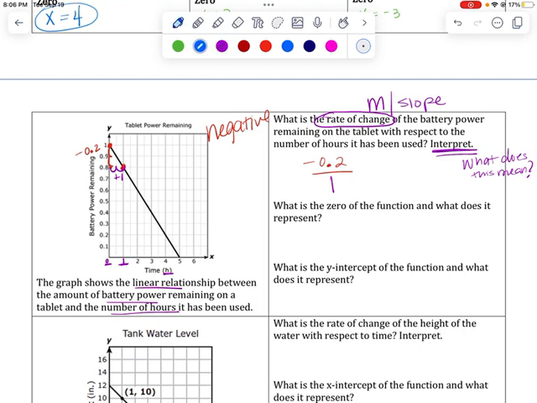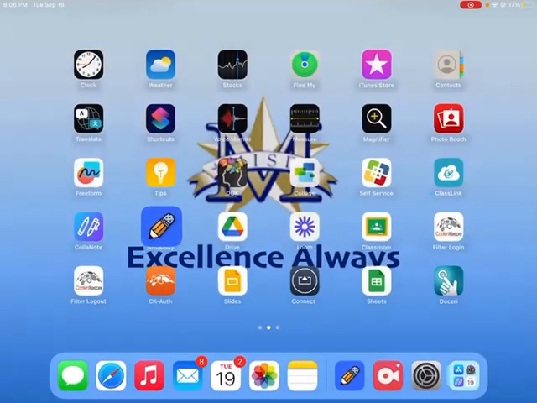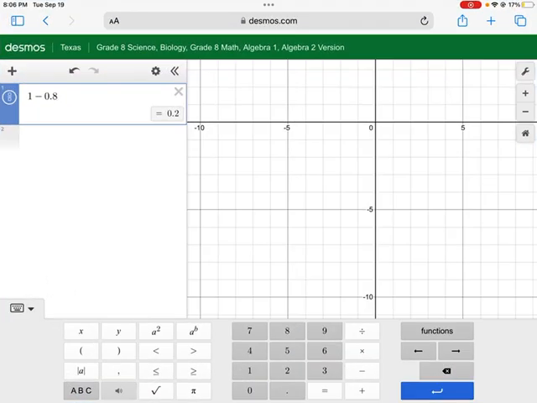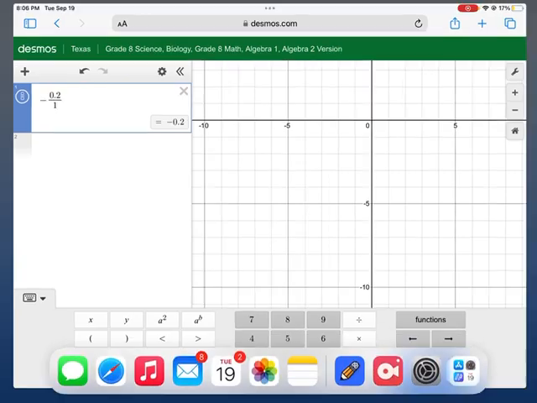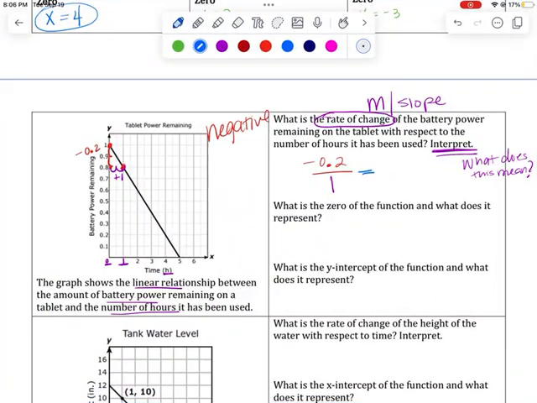So really my slope here is whatever the negative 0.2 over 1 is. That's so weird. I don't like doing decimals and fractions and all that. So let's just put it in here. Negative 0.2 over, was it 1? Oh, hey, it's just still negative 0.2. All right, negative 0.2 is my slope. Equals negative 0.2.